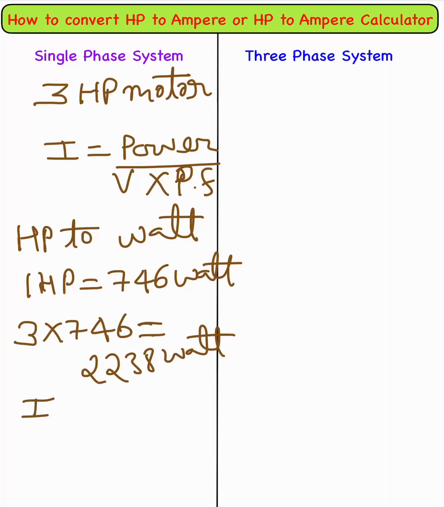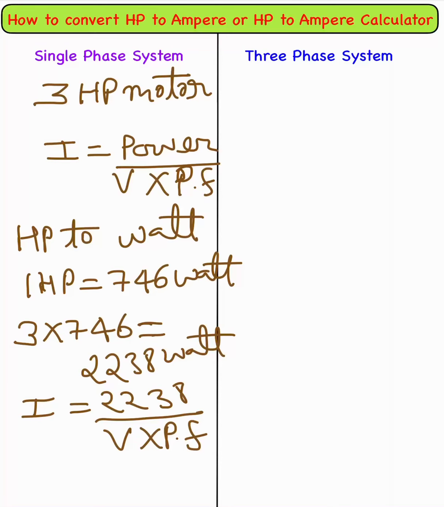So I is equal to power upon voltage into power factor. I is equal to 2238 upon voltage into power factor. How to calculate the power factor? The power factor is written on the motor nameplate.